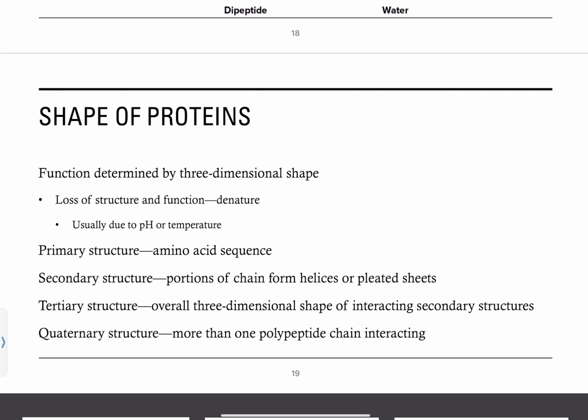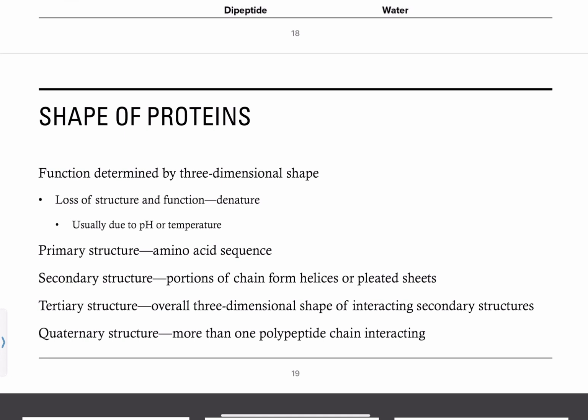So let's talk about the levels of protein structure. We have the primary structure, and this is just the linear sequence of amino acids in the chain. This sequence is like a code. Even one change can dramatically affect function. For example, I think we'll talk about sickle cell anemia later.